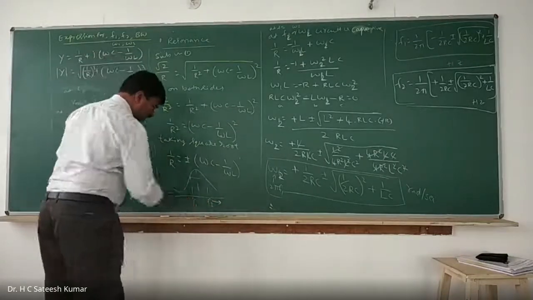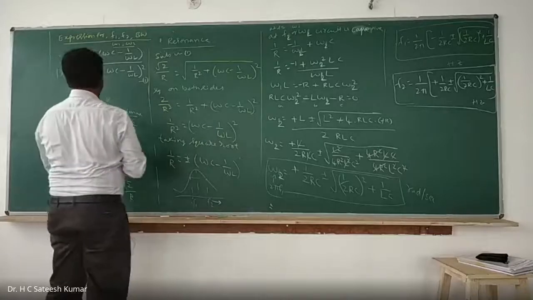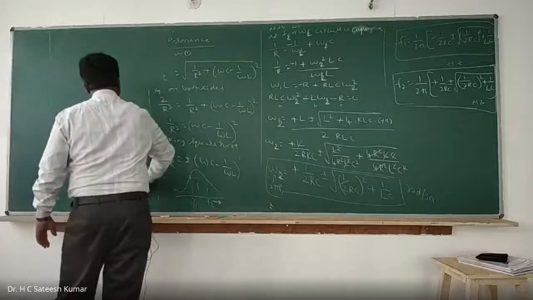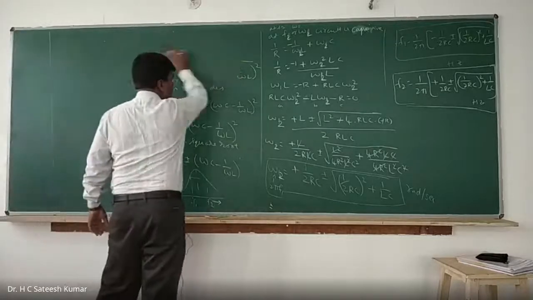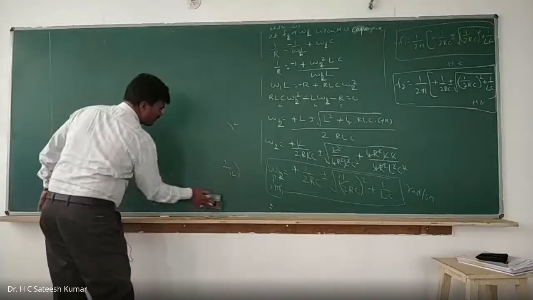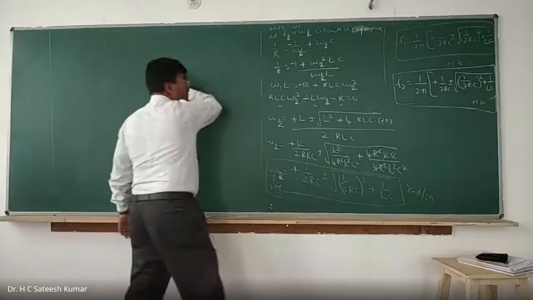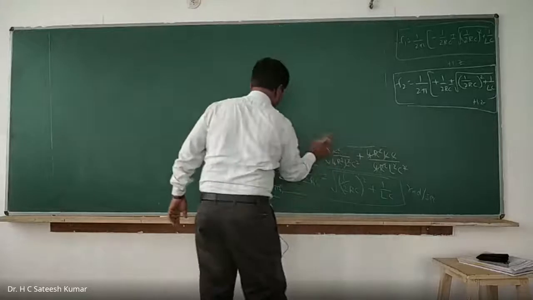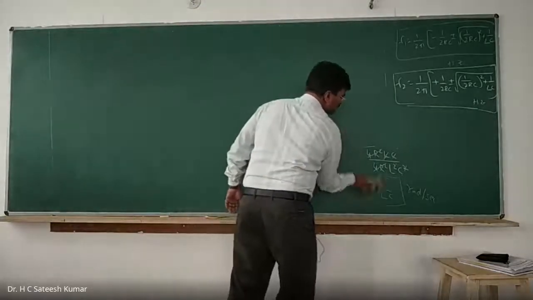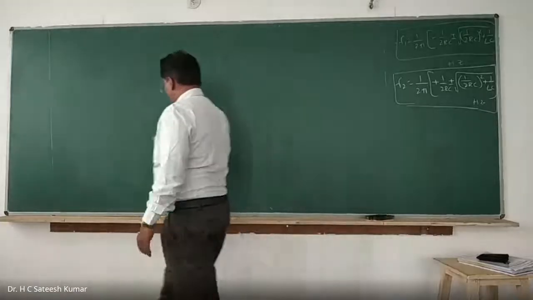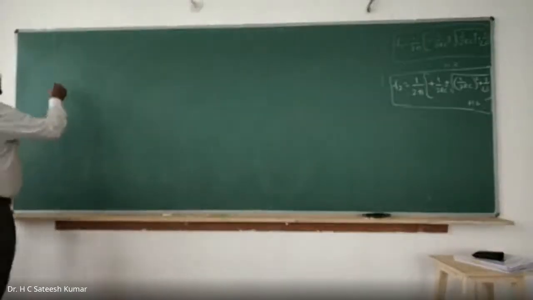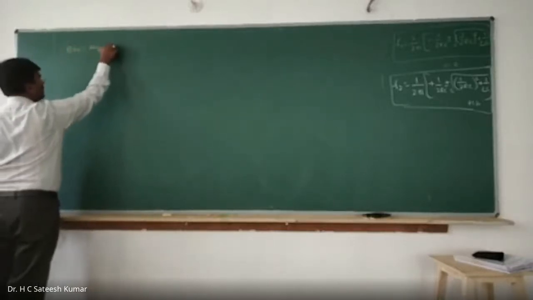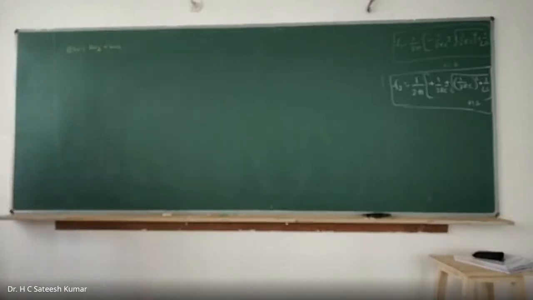So bandwidth is equal to omega 2 minus omega 1, upper cutoff frequency minus lower cutoff frequency.